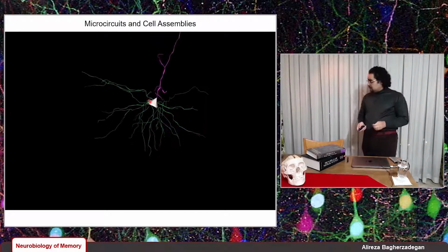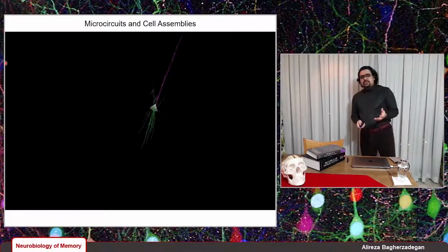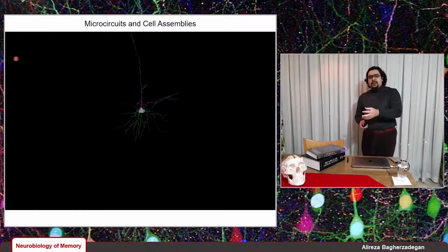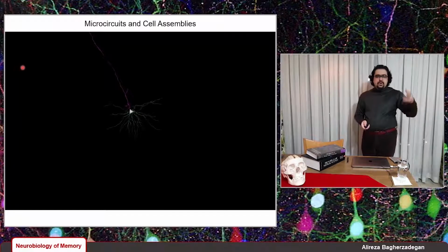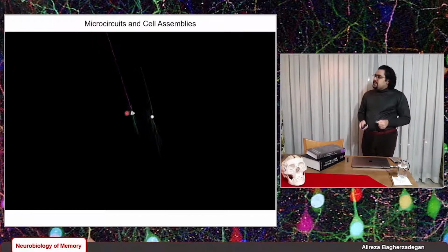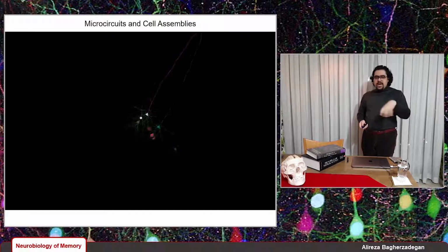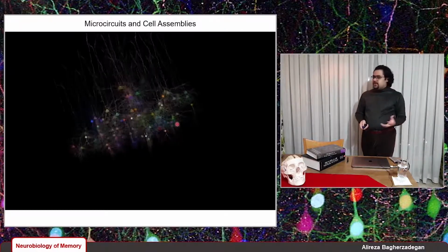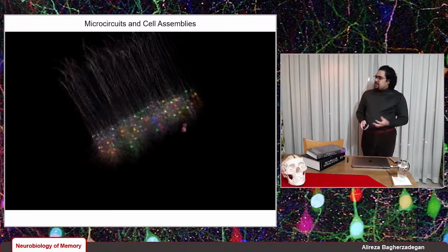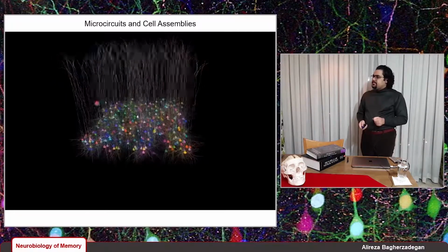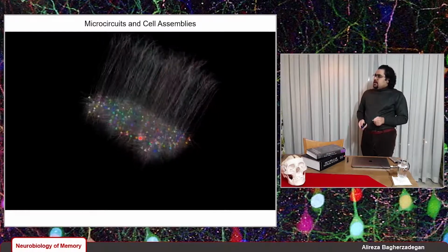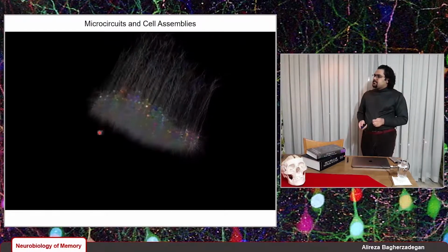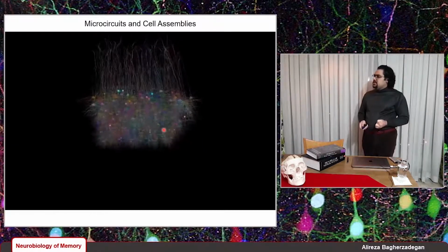Let's watch it together. I told you that in microcircuits we have pyramidal neurons, or principal neurons, and interneurons, which are primarily inhibitory. And then we add more of these two types of neurons to get a whole microcircuit, or a small microcircuit. It's not a very big microcircuit, but it is still complicated, of course.